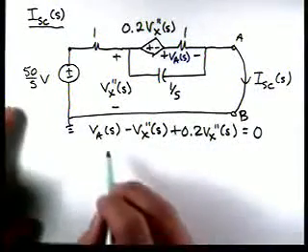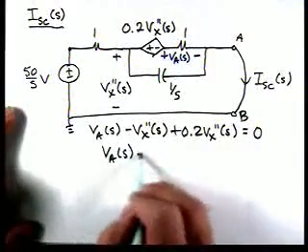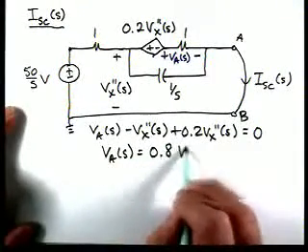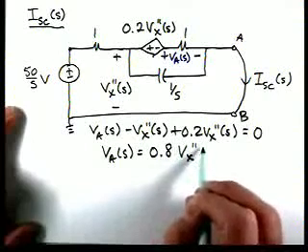That tells me that VA of S is 0.8 times Vx double prime of S.